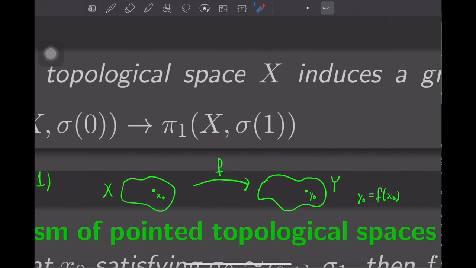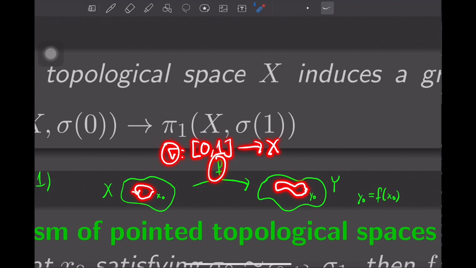And something I can do is every time I have a loop here, or every time I have a curve here, well, formally it's a function sigma from the interval 0, 1 to X, and something that I can do is follow sigma with F, and that turns out to be a curve in Y, which if my curve was a loop based at X naught, then of course following that with F is a loop based at Y naught.